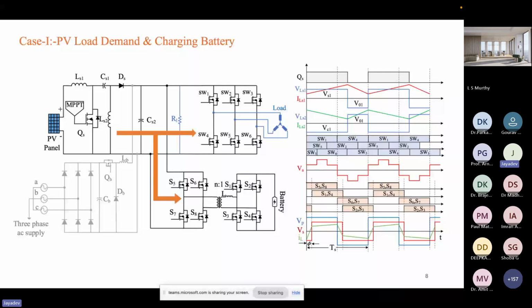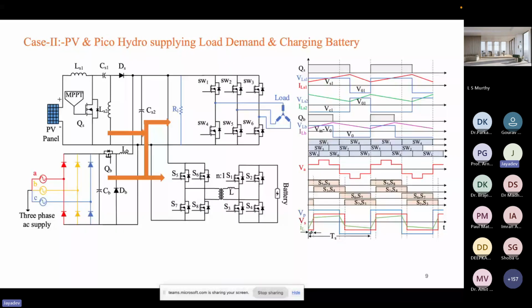Coming to case scenario 2, if you plot the circuit diagram connecting all the switches and sources, it will look like this. PV and Pico hydro are both supplying the DC link and the battery.